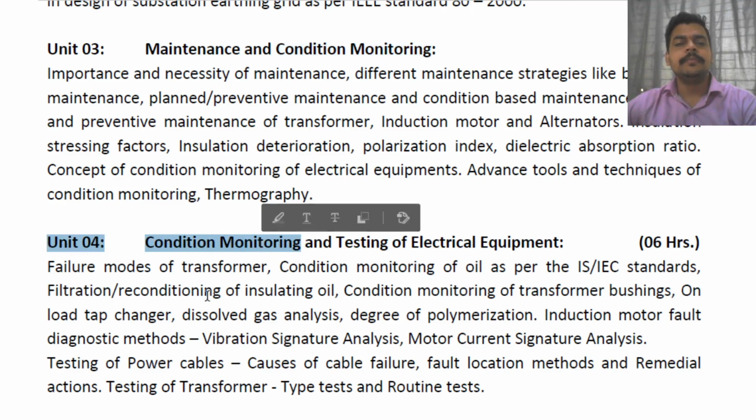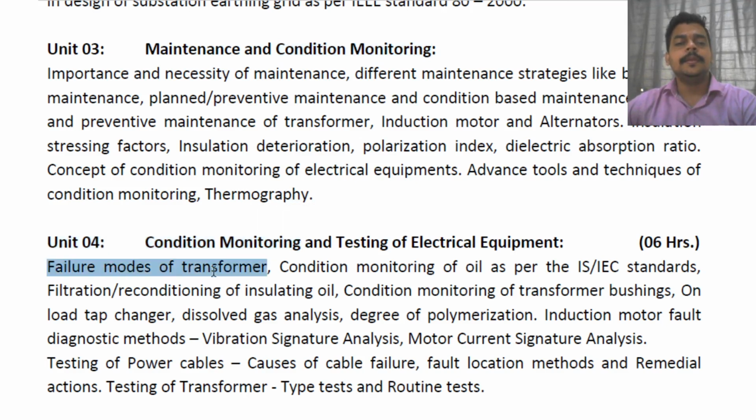Under this, we will discuss the failure modes of a transformer, condition monitoring of the oil as per IS and IEC, International Electrotechnical Commission, standards.